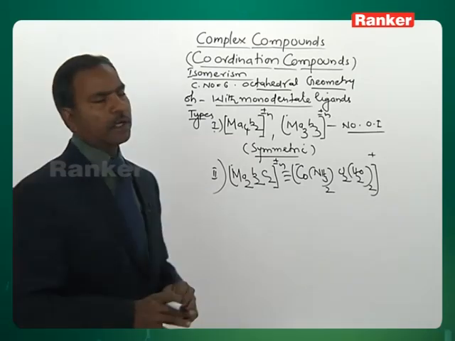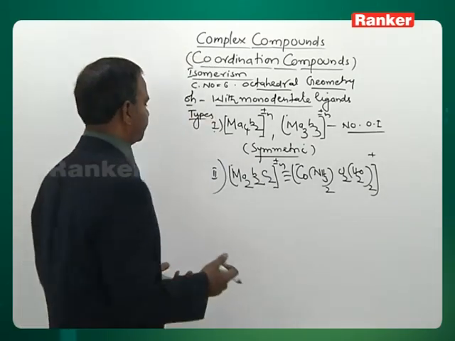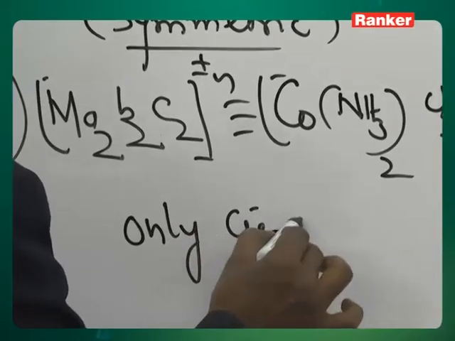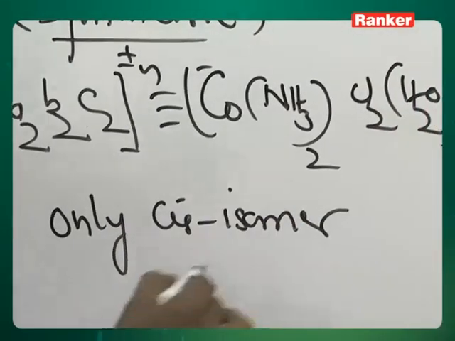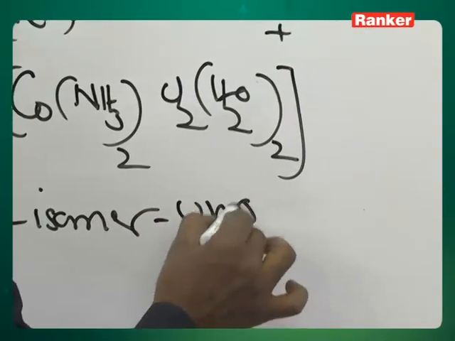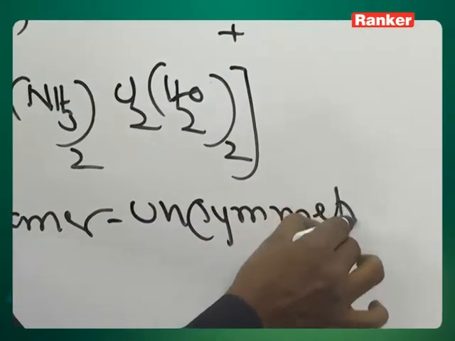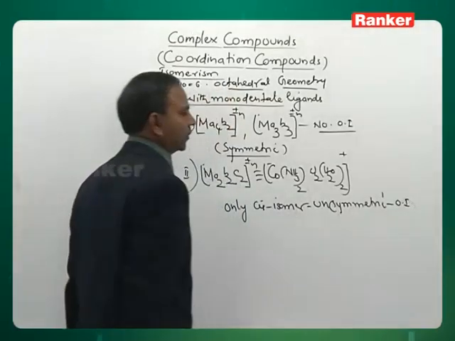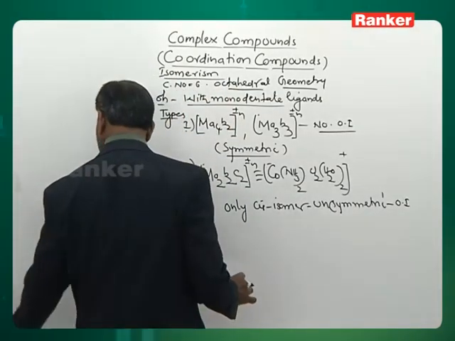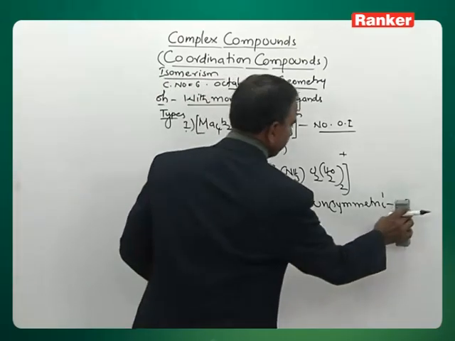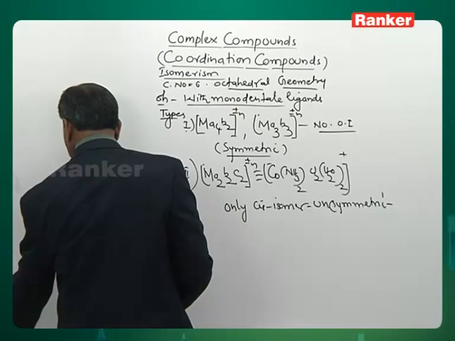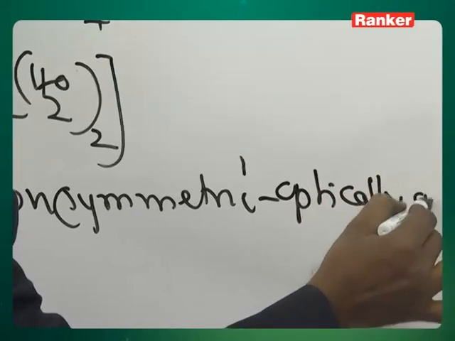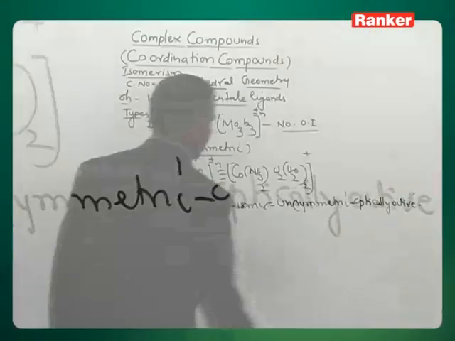I will write the cis isomer and show how it is optically active. Only the cis isomer is found to be unsymmetric. It can only exhibit optical isomerism, it is optically active.